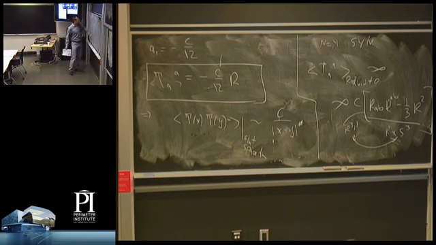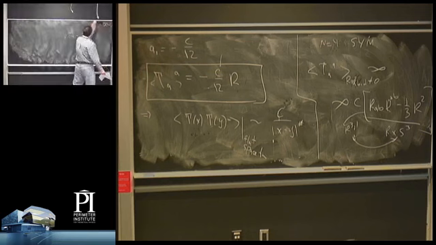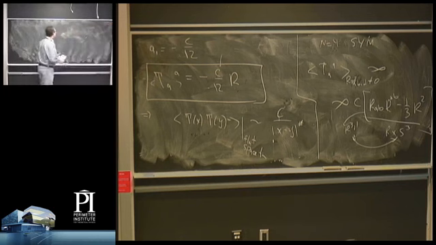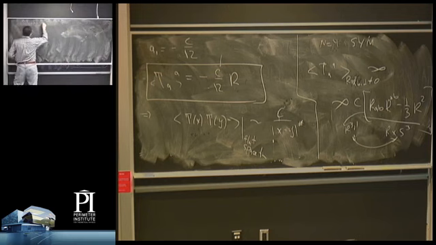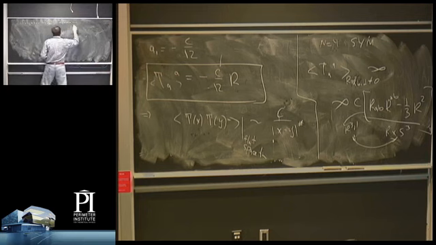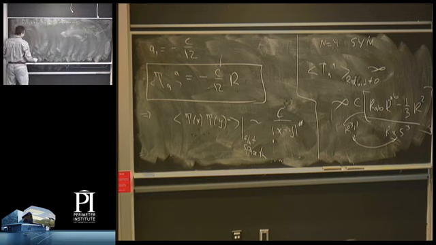So what we are finding is that the Polyakov string is anomalous unless the central charge equals 0.